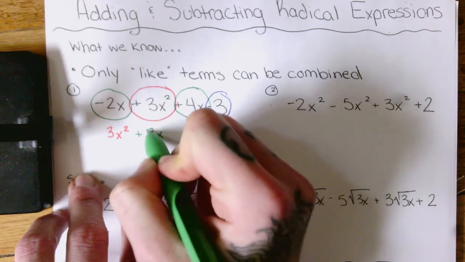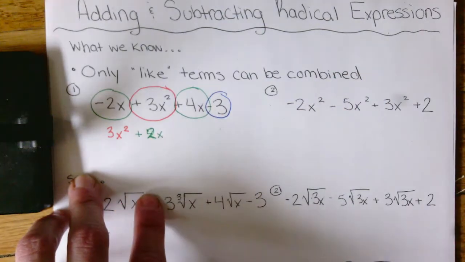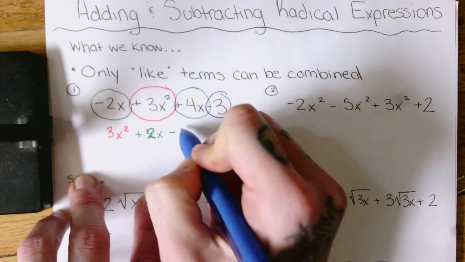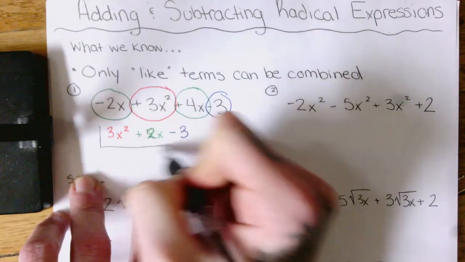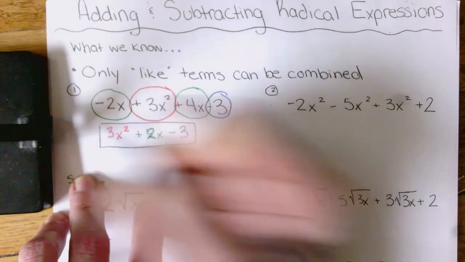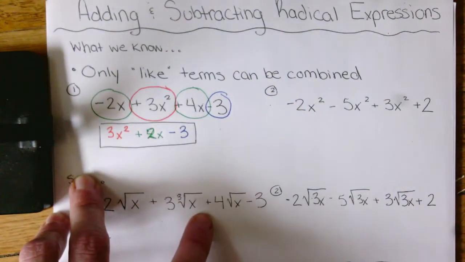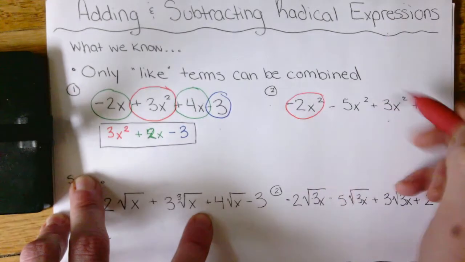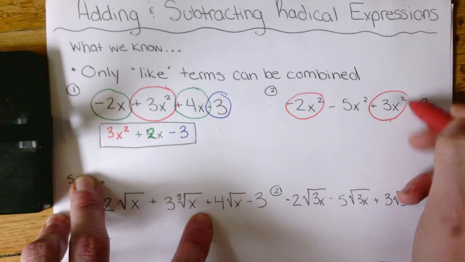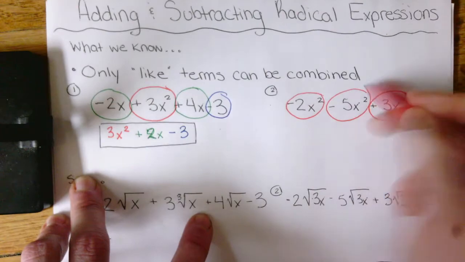2x. And only the constant terms are going to combine. Okay. Same here. So my quadratic terms that are squared are going to combine.